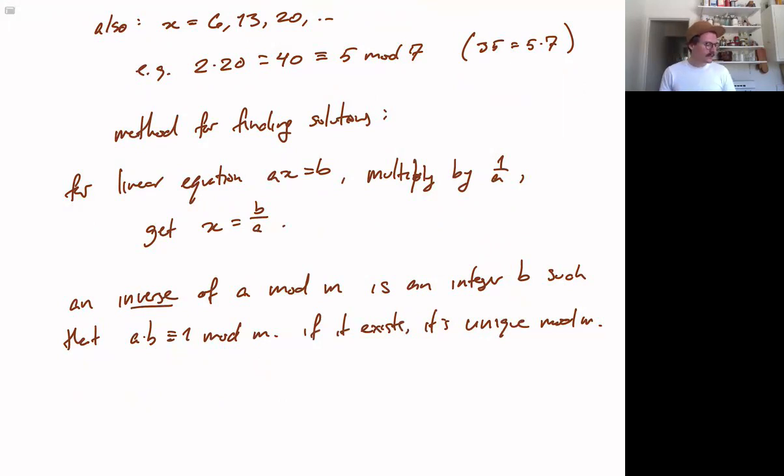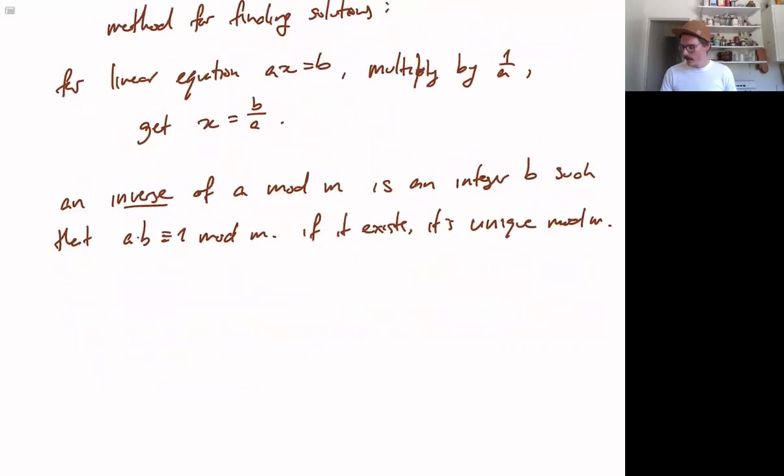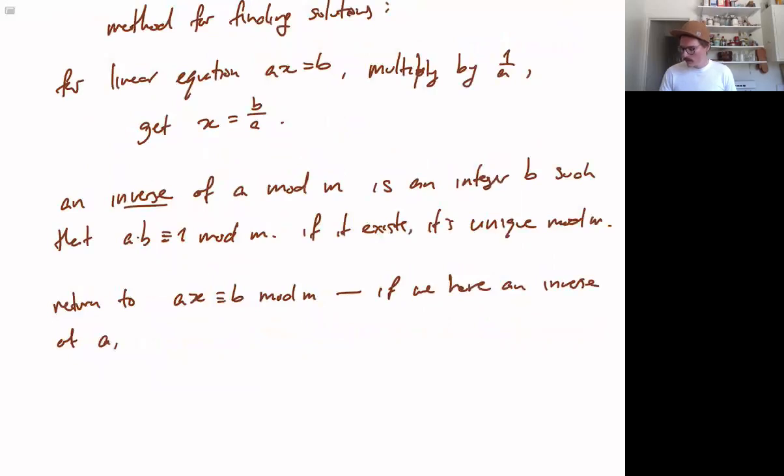So let's see how this helps us in finding solutions to linear congruences. So let's return to ax congruent to b mod m. If we have an inverse of a, let's call it c, because we're using b already, then we can use the exact same strategy that we used up here.